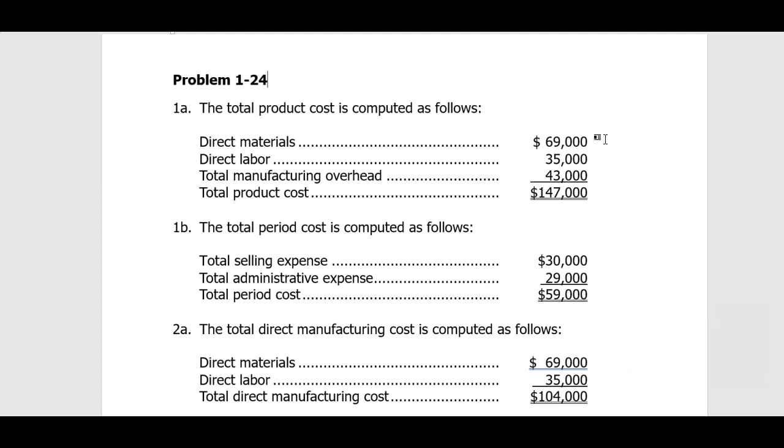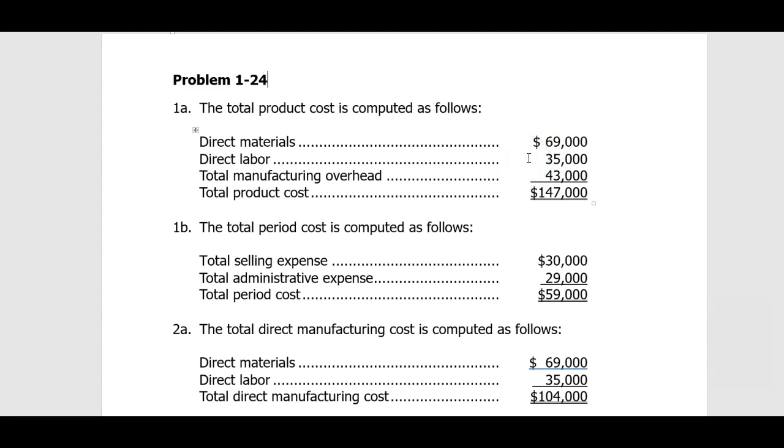And you can see in the solutions on the screen, we have $69,000 in direct materials, we have $35,000 in direct labor, and we have $43,000 in total overhead. And this overhead is both the variable and the fixed overhead, because we're looking for total product cost, not just variable or fixed. All right, so again, these numbers are coming directly from your textbook on page 55.